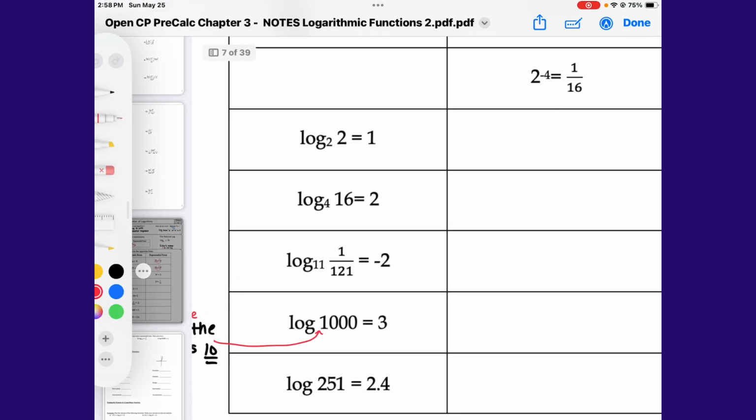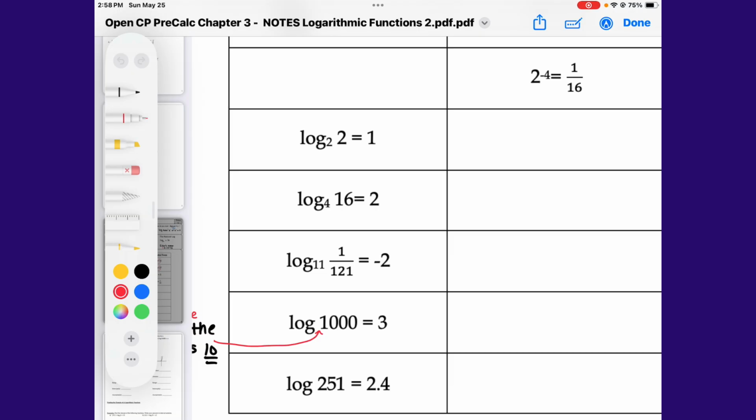Let me try that again. So we have 4 raised to the second power. We roll through the equal sign to 16. And you can see now that you're in exponential form that, oh yeah, that makes sense. We know 4 squared is equal to 16.